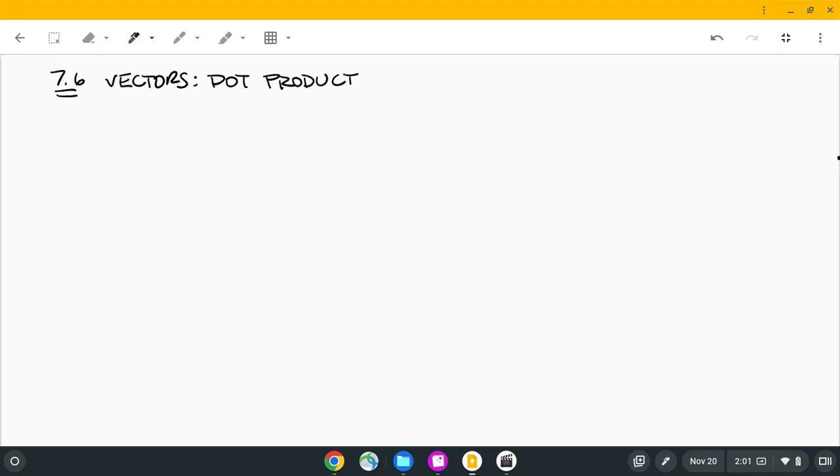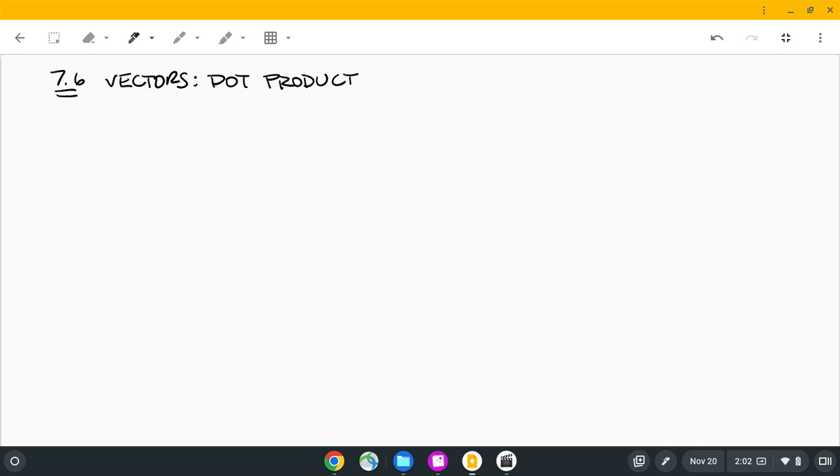So this is just one of the ways to multiply vectors. I already mentioned that we specifically said scalar multiplication, and that's multiplying a vector by a real number.